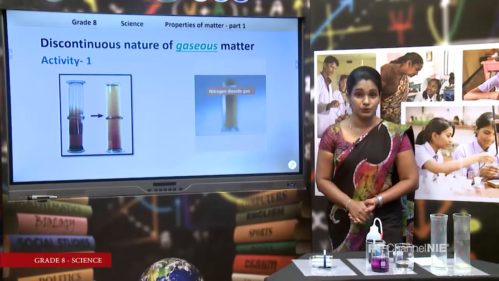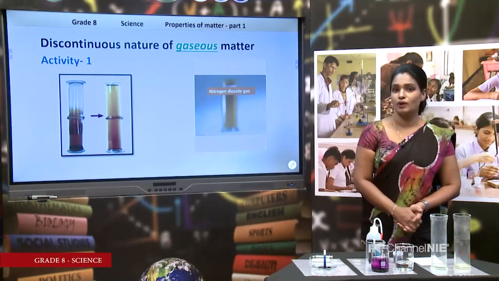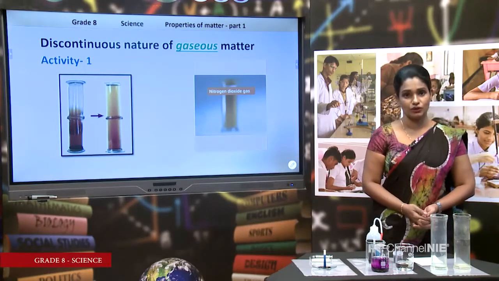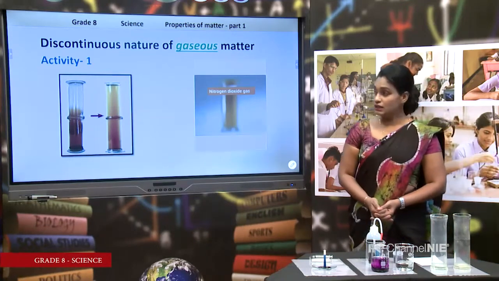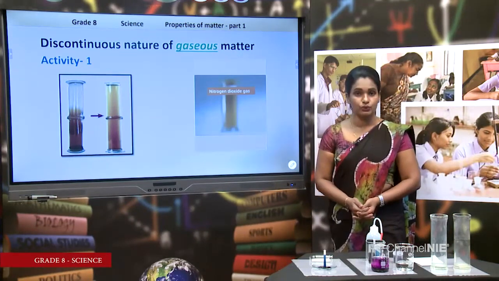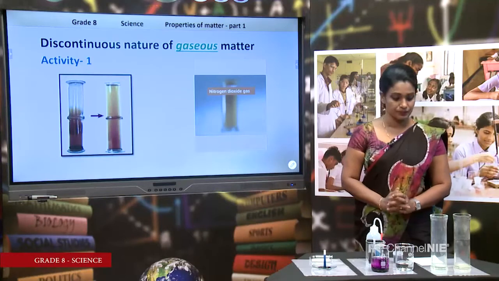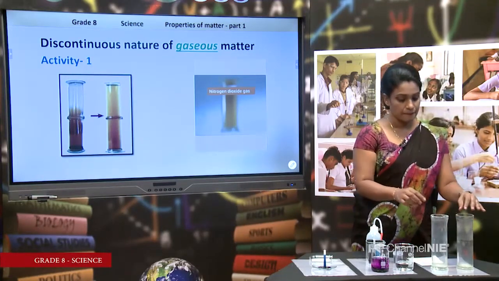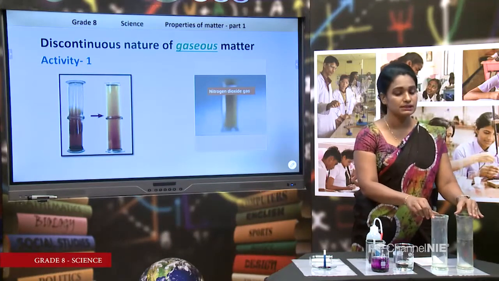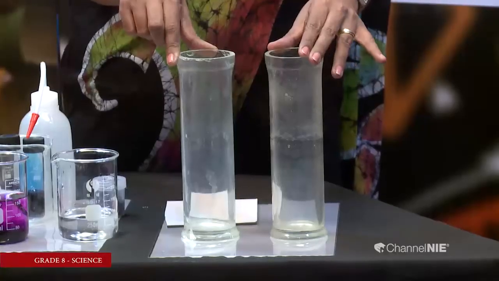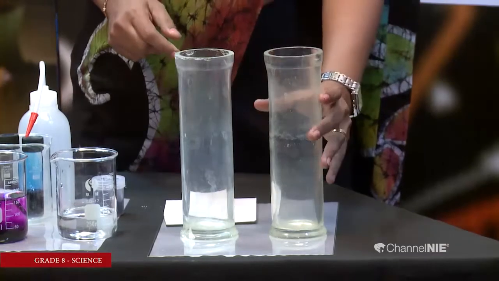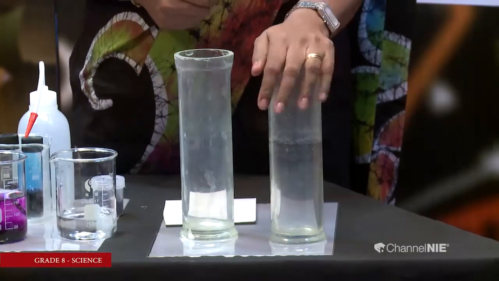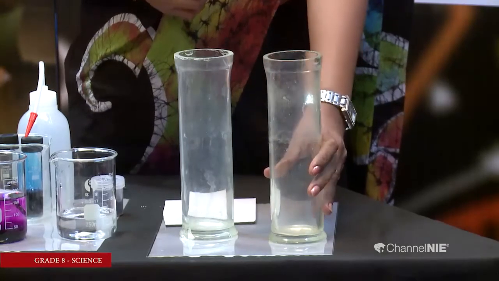Right. Now, you can move to the third one, the last one, how to check the discontinuous nature of a gas. Here, I will explain how to do that at first. See, here I have two gas collecting jars, right. You have to take one jar like this and fill it with a colorful gas.